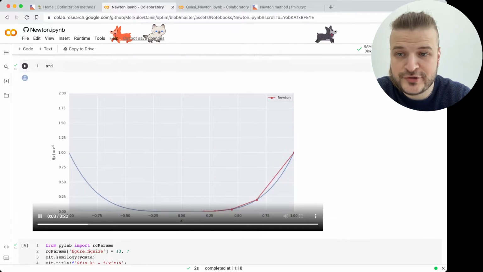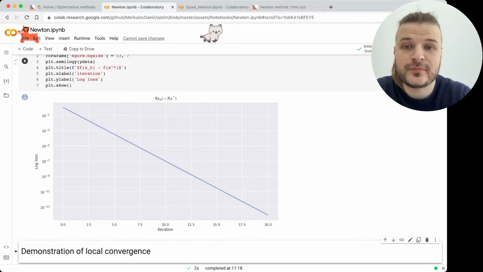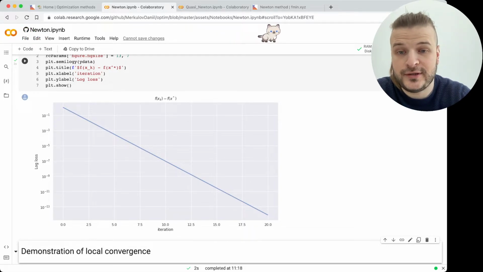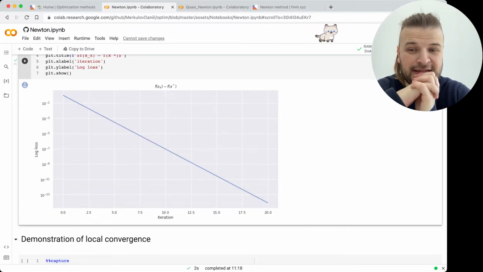We have the same convergence here, and that's the graph for the residual in function value, and it's okay at first look.